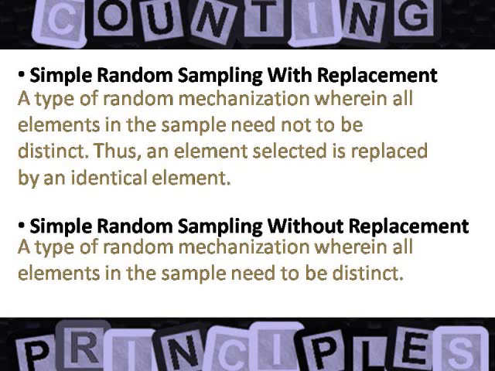Thus, an element selected is replaced by an identical element. The next, simple random sampling without replacement, or SRSWOR, is a type of random mechanization wherein all elements in the sample need to be distinct.